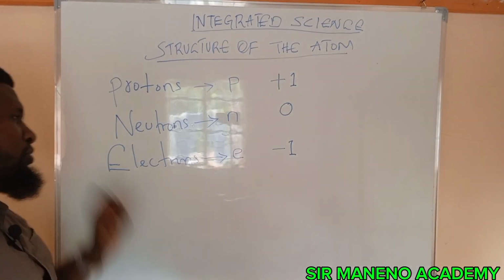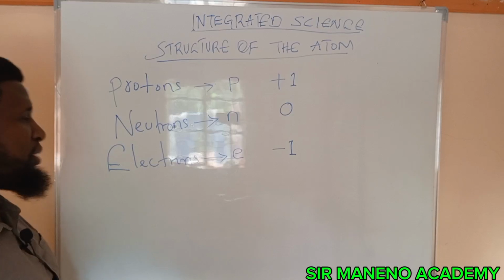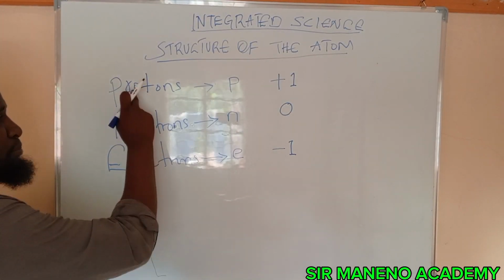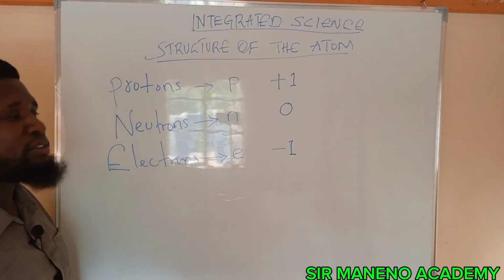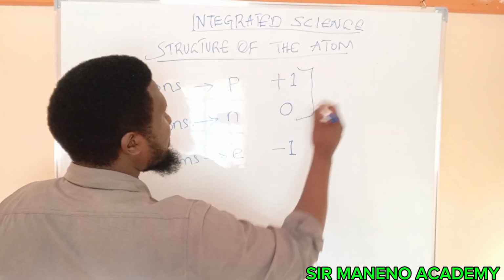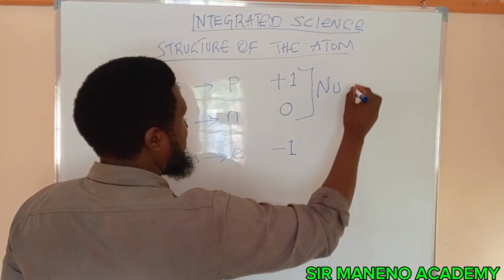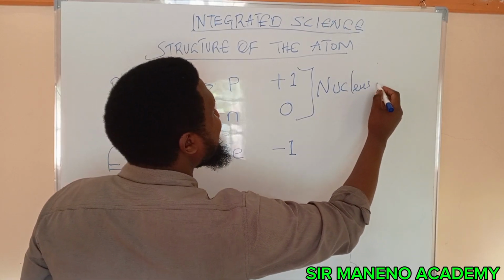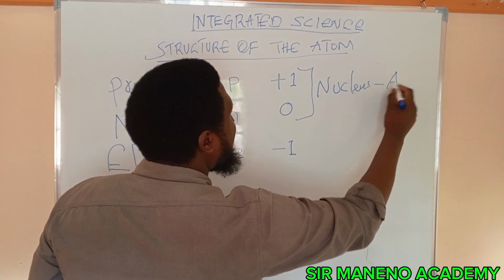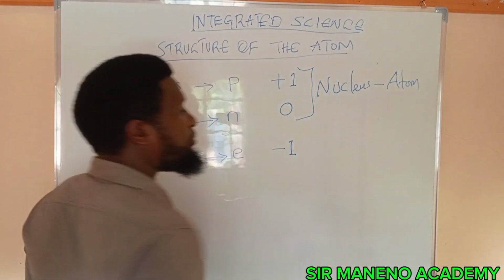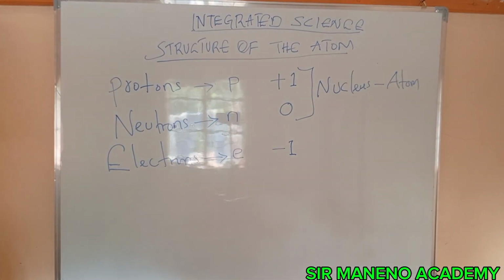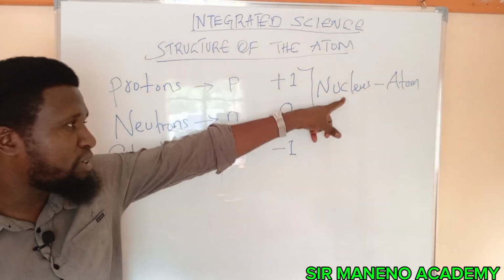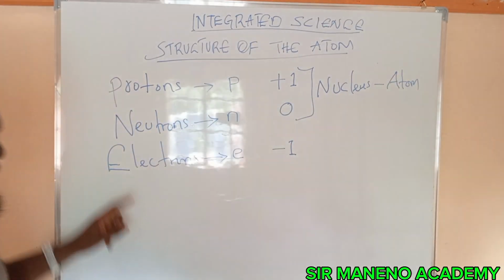Now, don't forget, this is very important. Neutrons and protons are found inside the nucleus, and the nucleus is found inside an atom. That's very important. Protons and neutrons are found inside the nucleus of an atom.